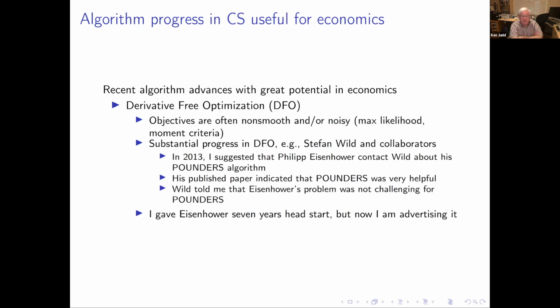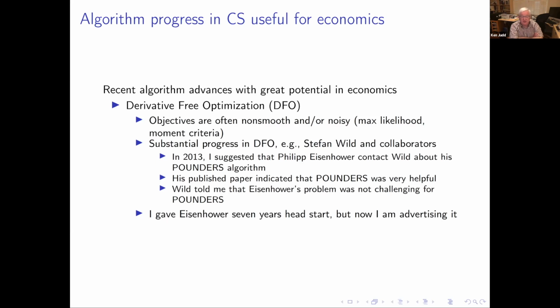Now, one example of this is derivative-free optimization. Derivative-free optimization is when you're trying to maximize a function, but without making assumptions that the objective is highly differentiable. In my course, you saw that the Nelder-Mead algorithm was such a method.